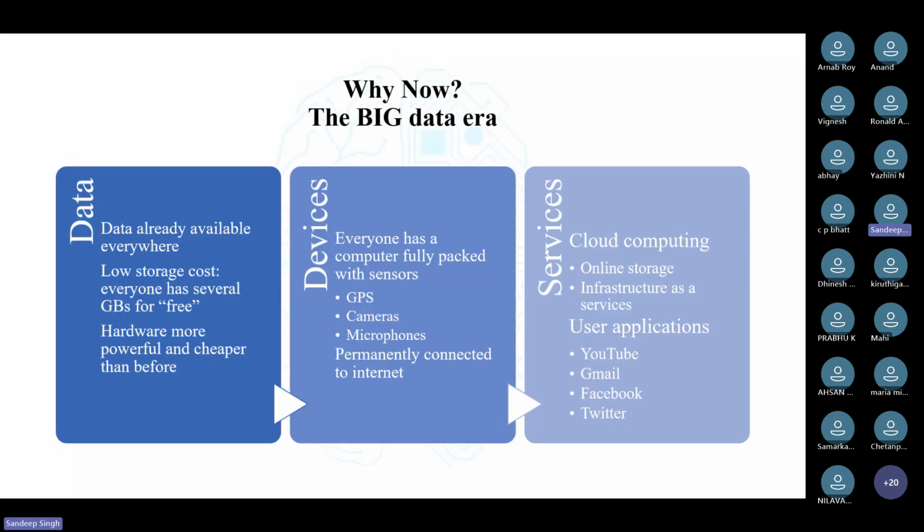So why is machine learning needed at this particular time? Why were we not able to use machine learning previously? It was there, but its use was very limited. Why now? Because we have a large amount of data. The basic step to perform any task or any coding is that we require data. If we don't have the data, we can't train any program.